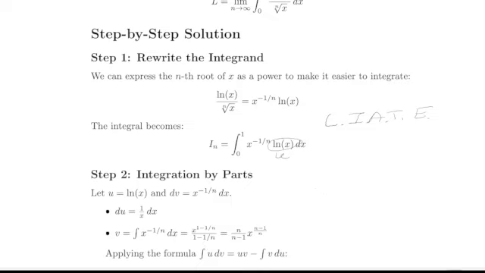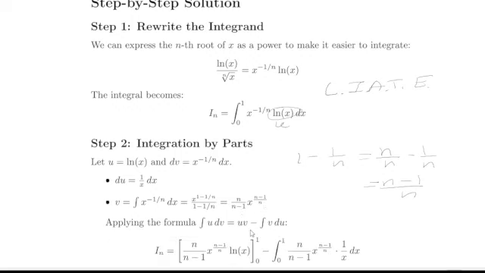Here I'm going to do on the side: 1 minus 1 over n is just n over n minus 1 over n, which is n minus 1 over n. And so when I have 1 over this, you just do the reciprocal. That's n over n minus 1. And so that's going to be the coefficient in front of the x, and the n minus 1 over n is going to be the exponent.